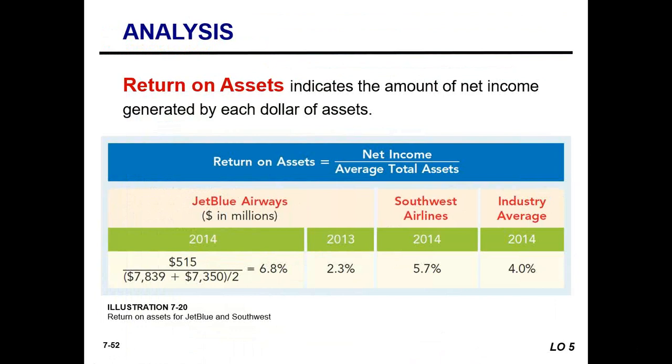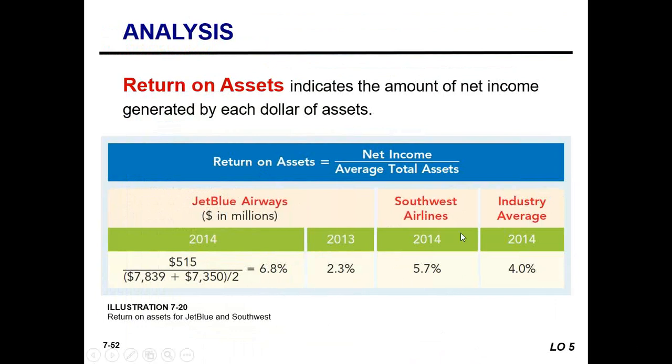Simply divide net income by average total assets. Oh, what's that average total assets means? That means the assets at the beginning of the year plus the assets at the end of the year divided by 2 to get an average. And then simply divide that into your net income.